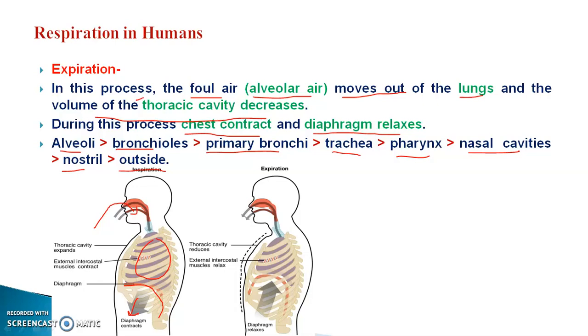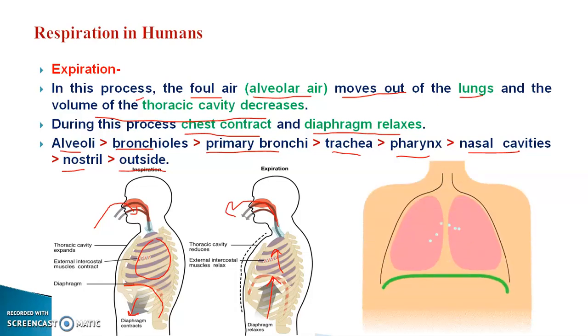But during expiration, when the air is released outside the body, this thoracic cavity reduces and contracts, and by this contraction the diaphragm automatically occupies its own area, which means it relaxes. Now, in the next animation, you can understand very well what exactly is happening.